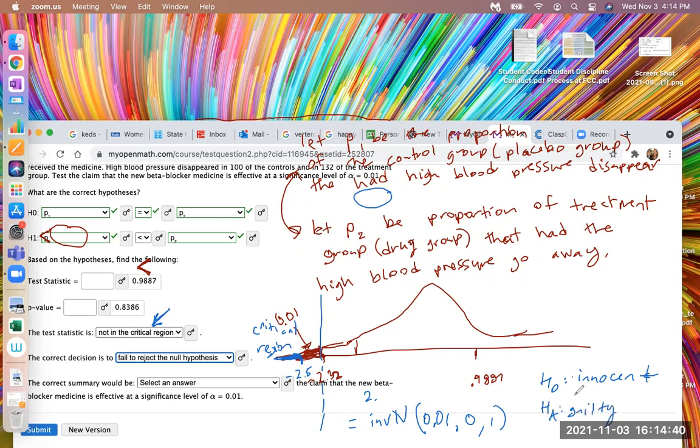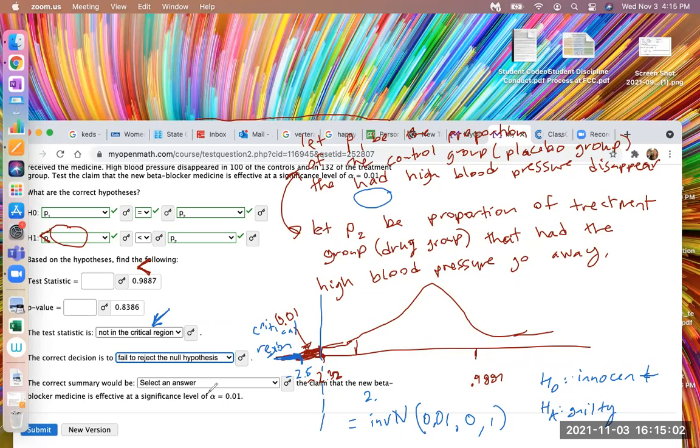Now, when the judge makes a decision, they never say, therefore you are innocent, because that's a really strong statement to say to anyone. You could easily have a little bit of guilt, or a little bit of causing the accident.